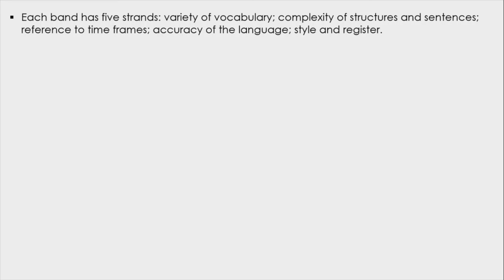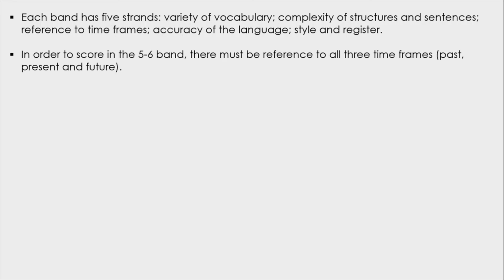References to time phrases, so you should be putting, for example, in the future I would like to, so you should be using those time phrases that were explained earlier. Accuracy of the language, and style and register.